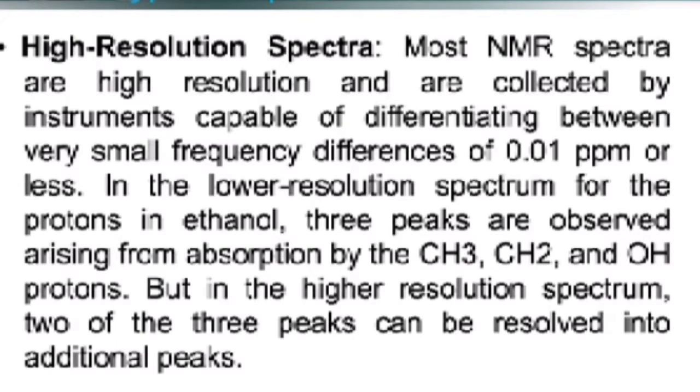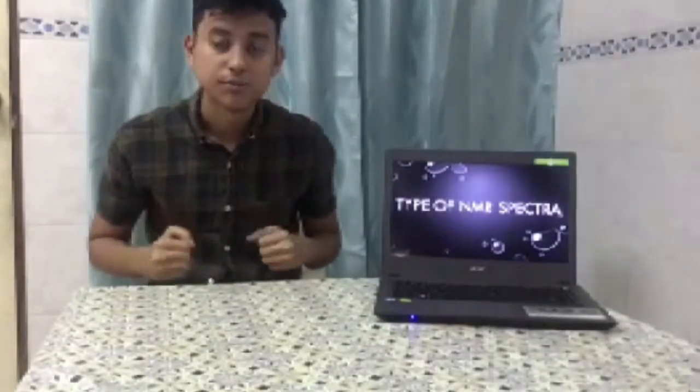In the lower resolution spectrum, for the protons in ethanol, three peaks are observed, arising from absorption by the CH3, CH2 and OH protons. But in the higher resolution spectrum, two of the three peaks can be resolved into additional peaks. That is the types of NMR spectra.